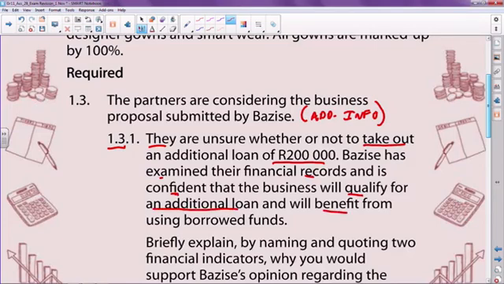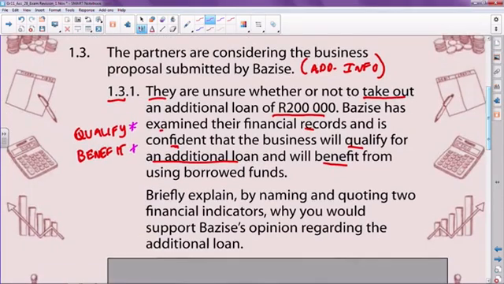So there's two parts here. Firstly, will the business qualify? Will they be able to obtain another loan? And is this going to be beneficial? Is this going to benefit the business? So remember guys, there are two parts. Can you qualify for the loan? Is it going to help the business generate more profit?